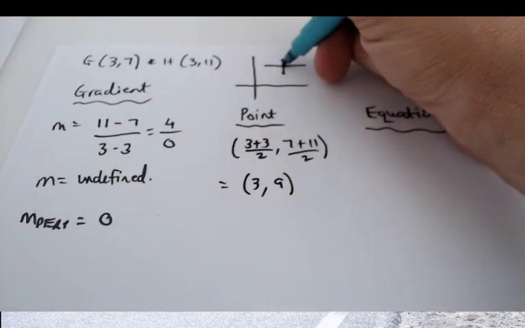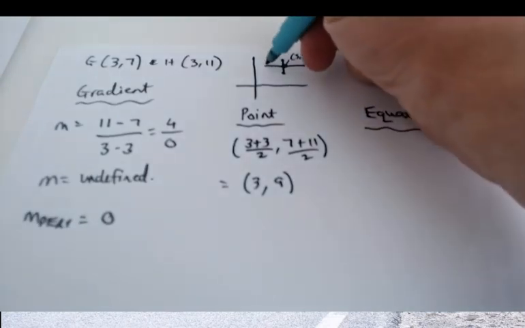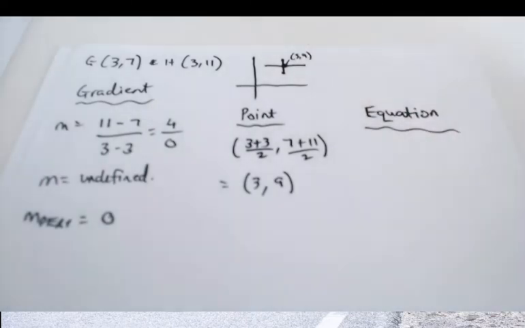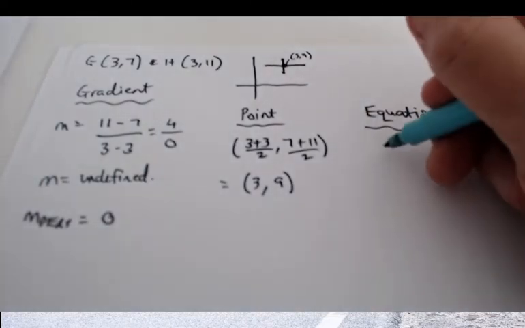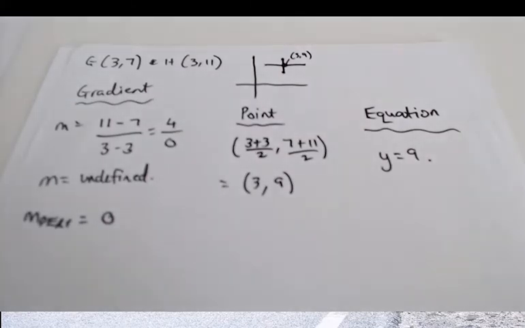It goes through the point 3, 9. You can see here it always has a height of 9. The equation is simply y equals 9. That takes a little bit of knowledge that we've used in previous lessons and puts it together with this one. Another example.